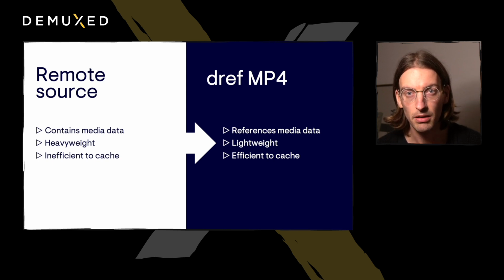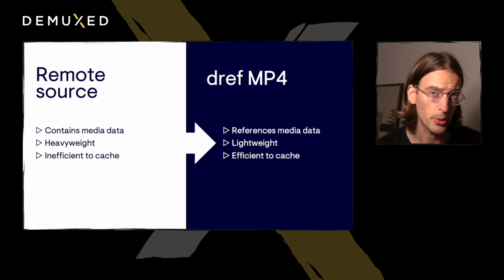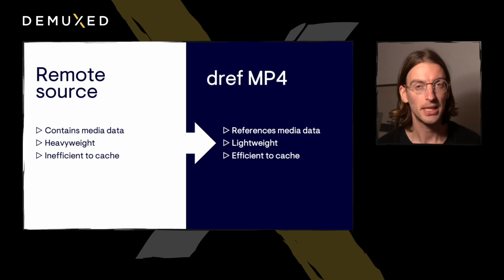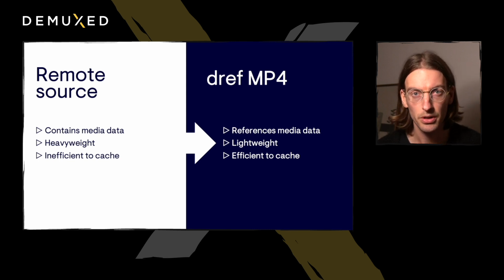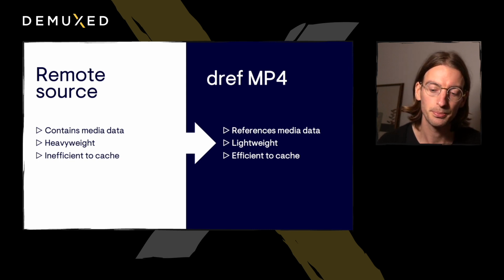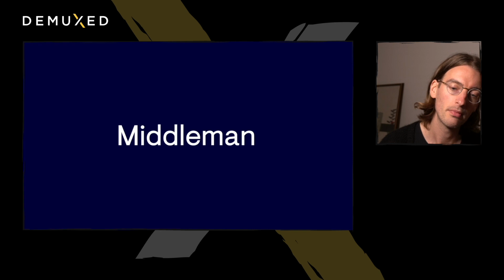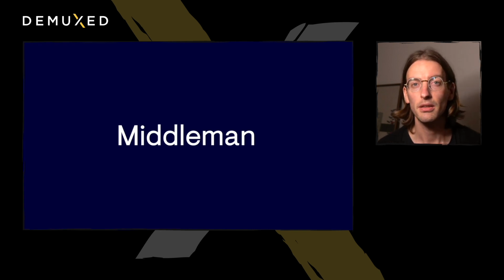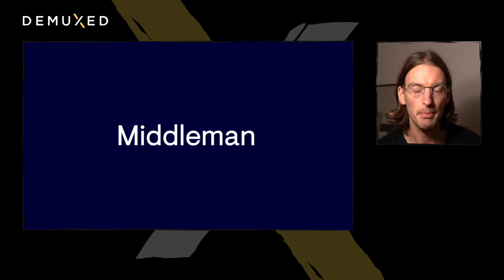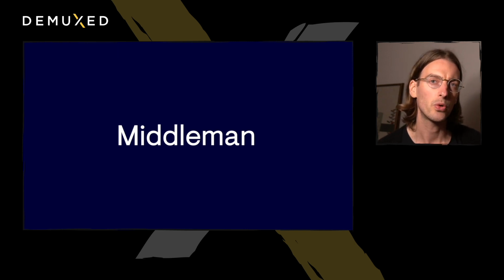And by caching it, we actually bring the metadata that the just-in-time packager needs to fulfill almost any requests. We bring that metadata closer to the just-in-time packager. In that way, the dref MP4 serves a bit like a middleman in between the just-in-time packager and the remote source.